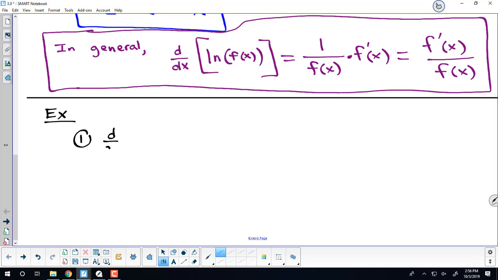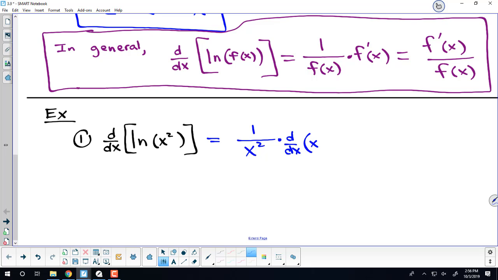What is the derivative of the natural log of x squared? So we say the derivative of natural log of that argument, it's 1 over the argument times the derivative of the argument.